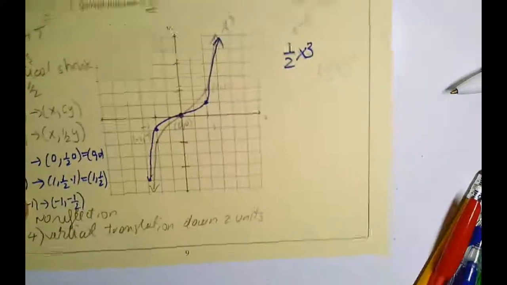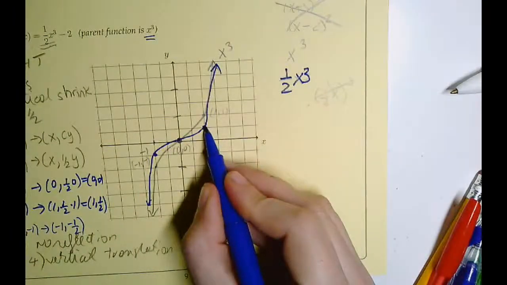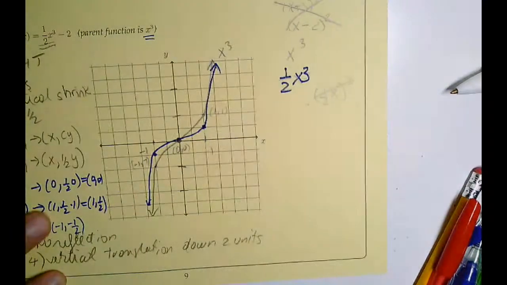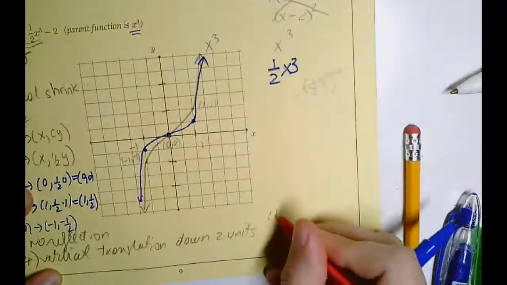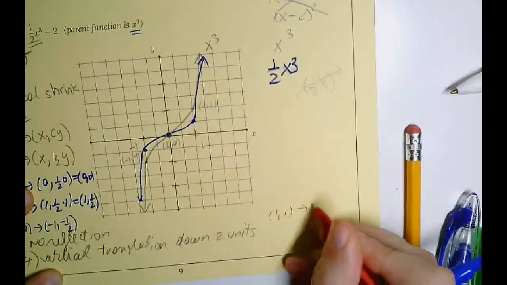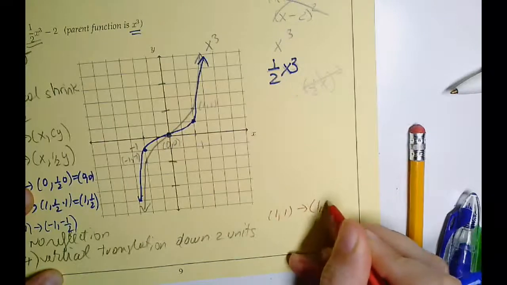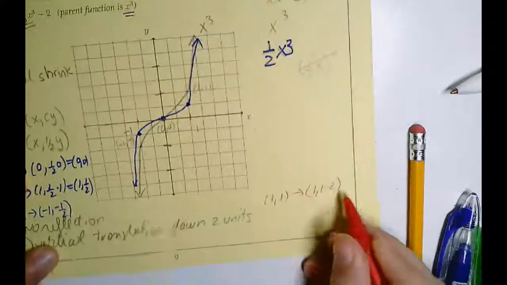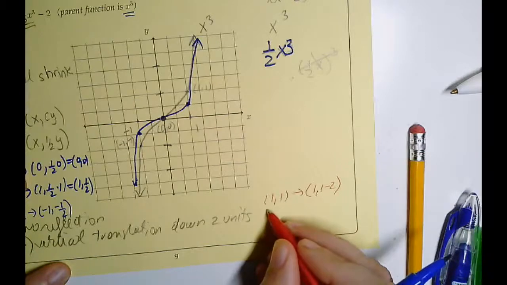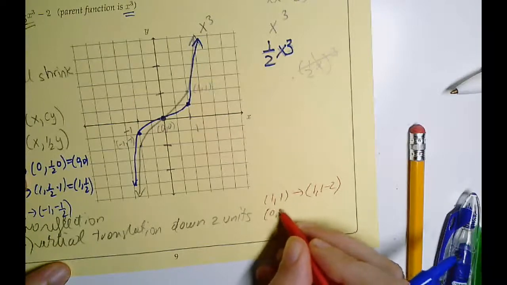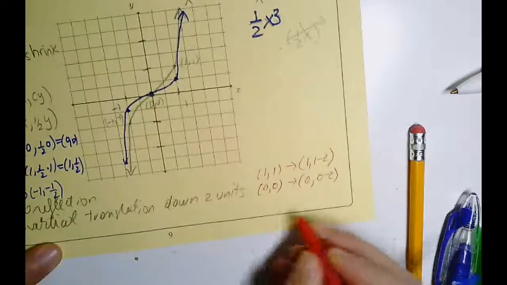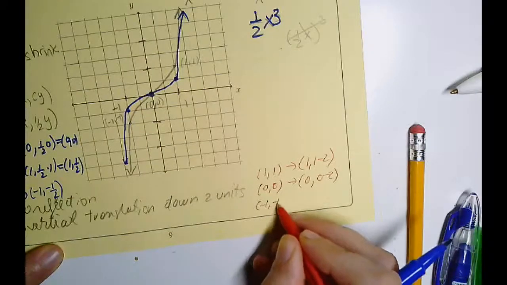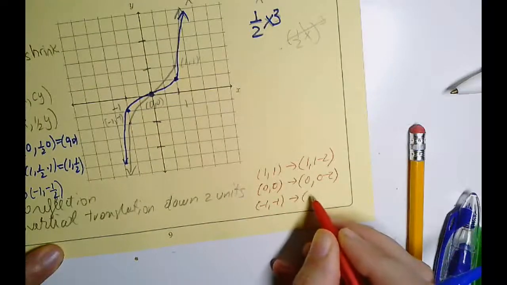So that means that now my point 1, 1 is going to transform into the point 1, 1 minus 2. I subtract 2 from the y coordinate when I go down. My point 0, 0 is going to transform into 0, 0 minus 2.